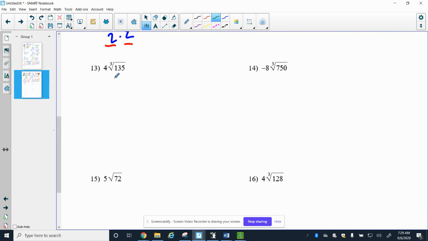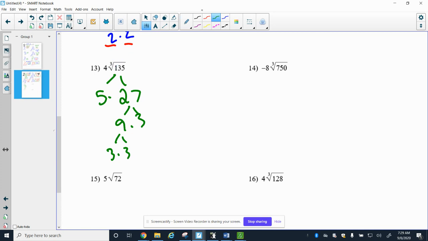Okay, number 13. Now we have a cube root of 135 with 4 in front. Now we're looking for triples. 135, since it ends in a 5, we have to think about what multiplies by 5 to make that. Well, that'd be 5 and 27. Let's keep going. 27, that's 9 and 3. 9, that's 3 and 3.